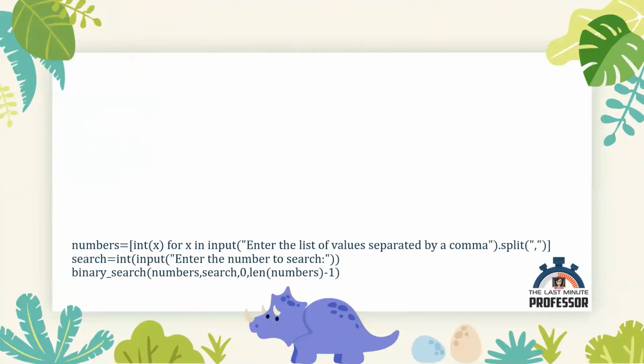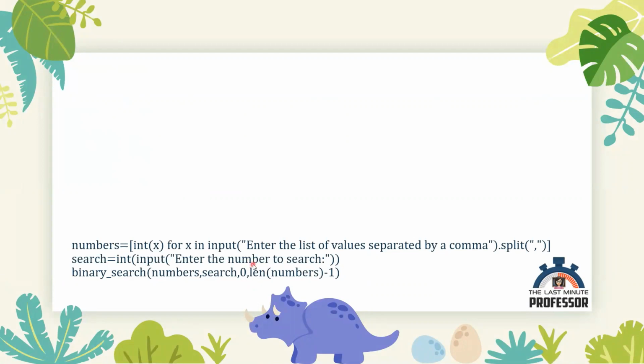In the bracket, you can see there are 4 values. So what are the 4 values that we are seeing? What are the 4 arguments? The first thing is numbers. So numbers is the list, the user given list. Next is the search, that is the value to be searched.